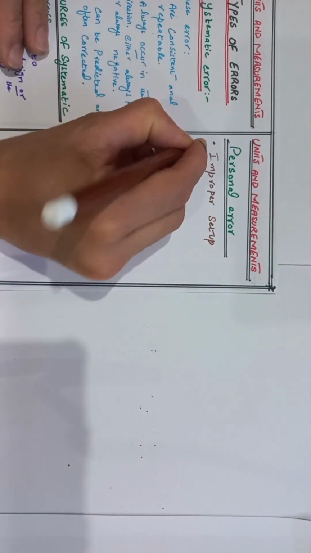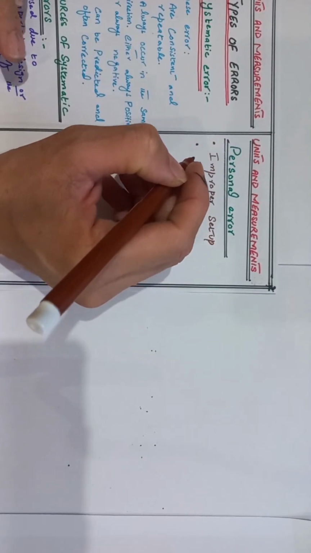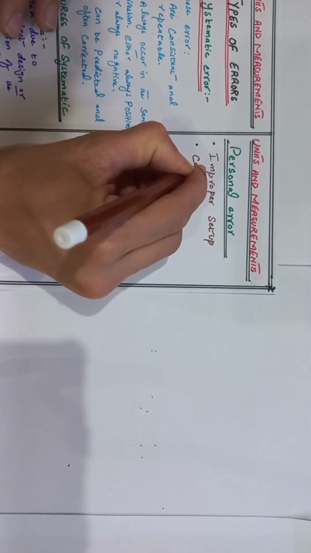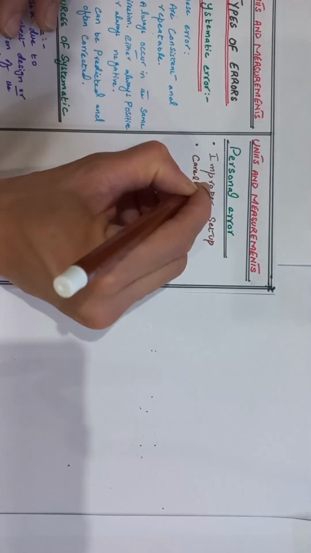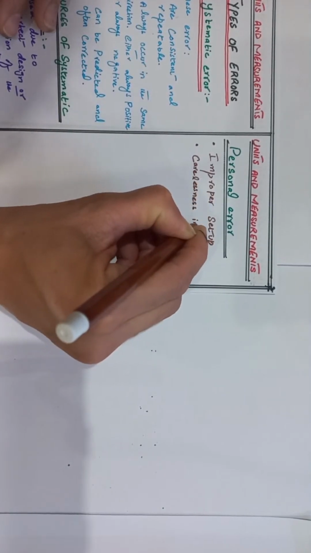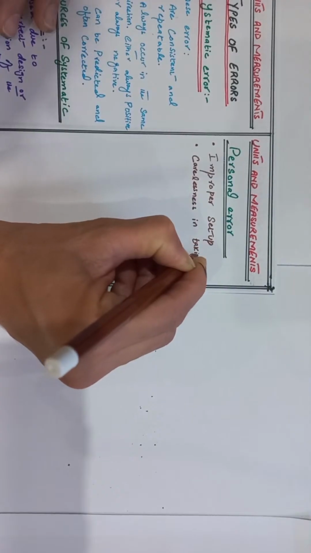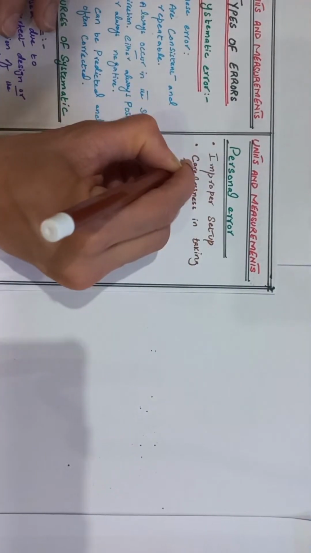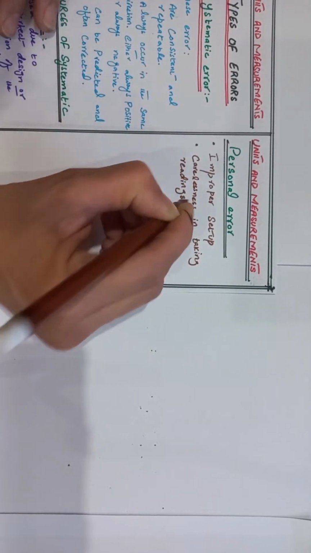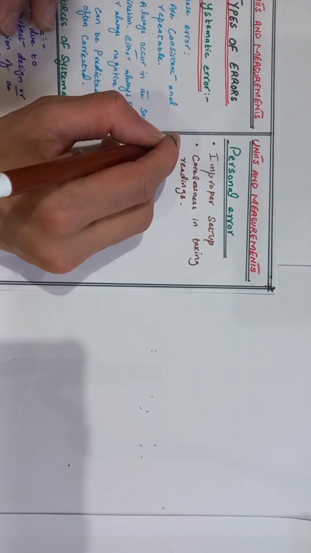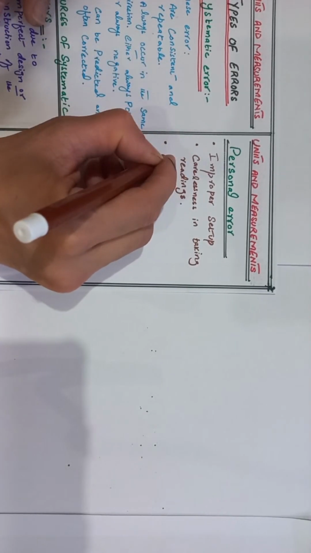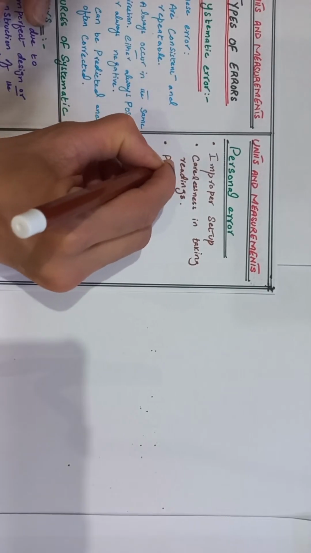Second point in the personal error is carelessness in taking readings. And third personal error is due to the parallax error.